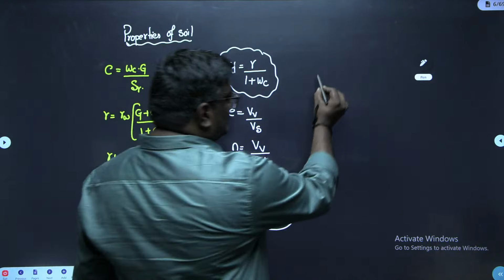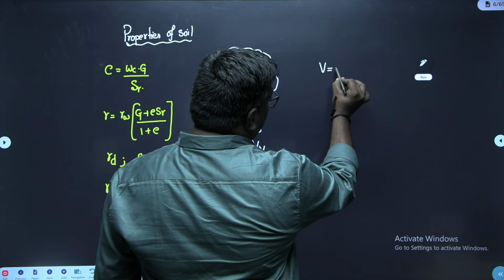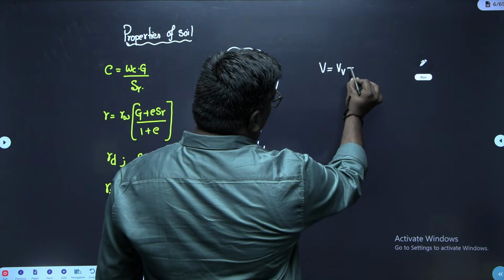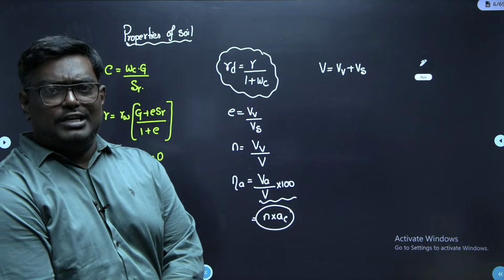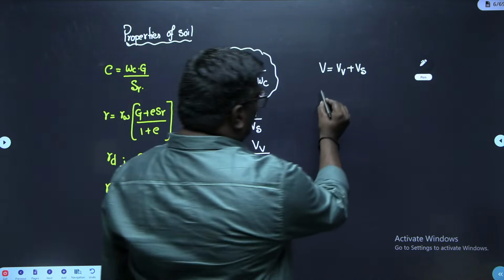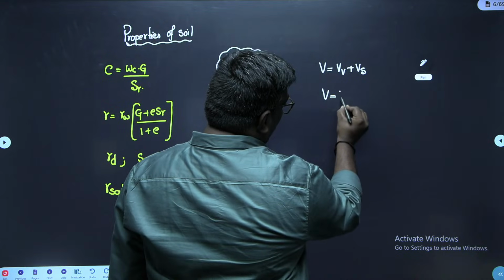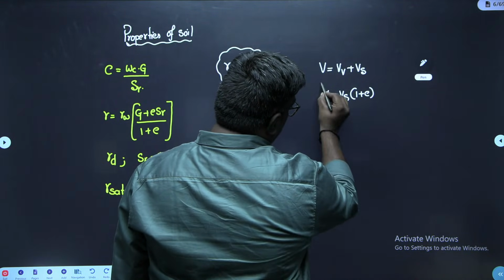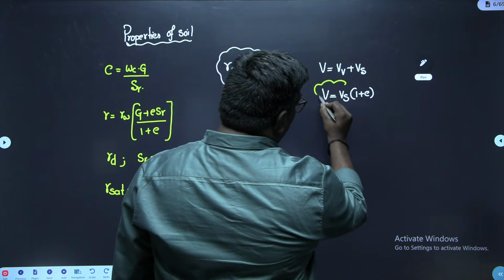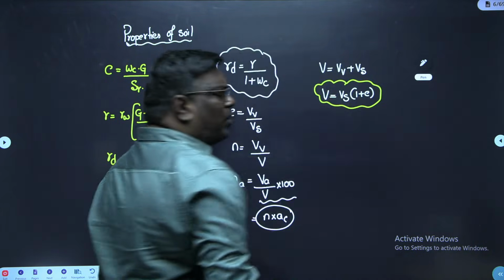Now, my dear students, if you know, total volume is always written as volume of voids plus volume of solids. So here, my dear students, for a given soil, you can write this as Vs into 1 plus E. Okay. Now, my dear students, let me tell you one important thing.